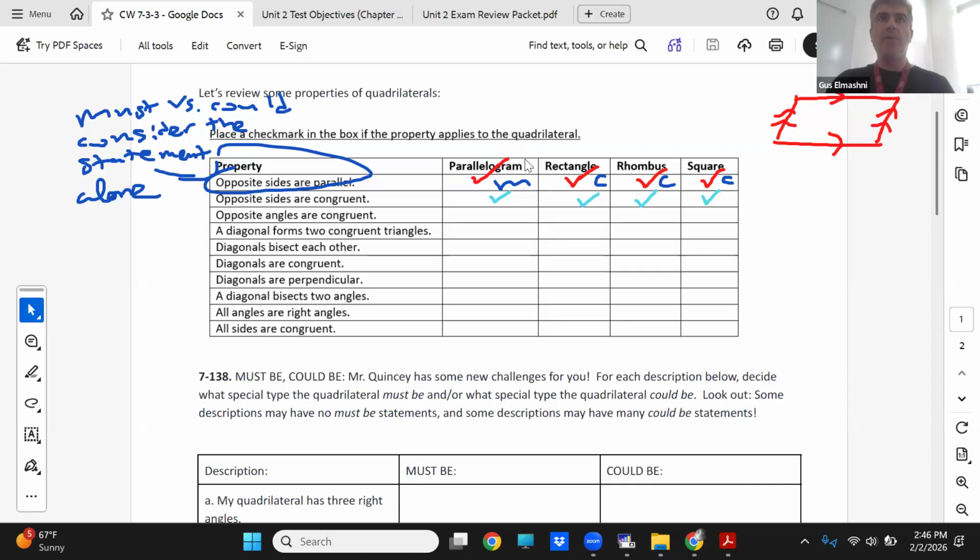Okay, opposite angles are congruent. Are the opposite angles congruent in a square? Yeah. If I draw a square, aren't the opposite angles each 90 degrees? Sure. A diagonal forms two congruent triangles. That's true for a parallelogram.